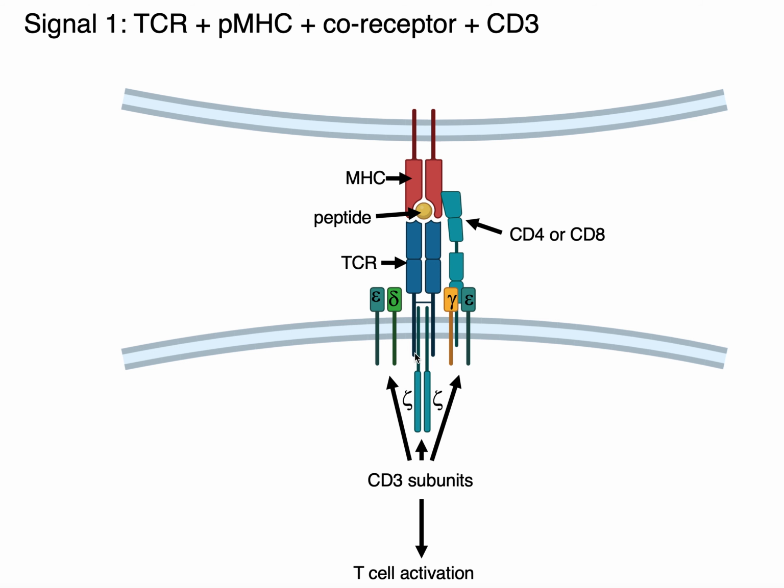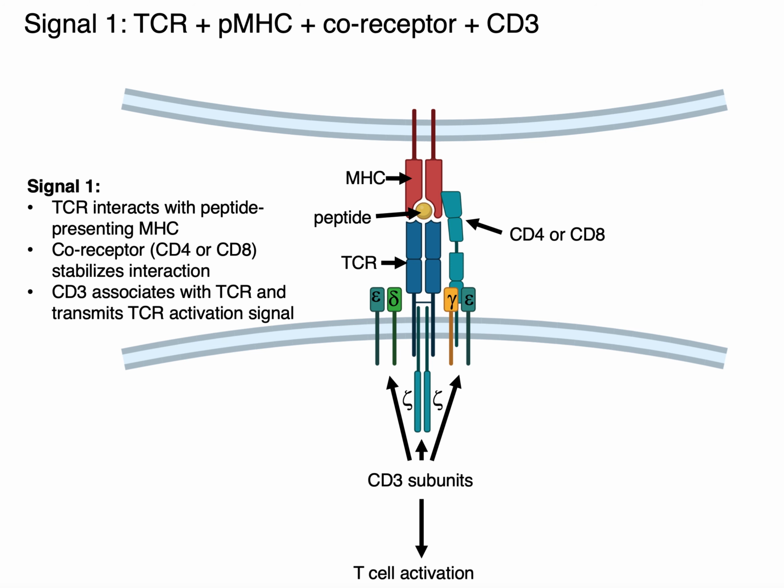The T cell receptor actually doesn't have an intracellular domain that's capable of inducing a signaling cascade. The signaling cascade is induced by the CD3 complex. CD3 is actually the marker for T cells. Collectively, we call this signal 1. TCR interacts with peptide-presenting MHC, co-receptor, and CD3 to initiate a T cell receptor activation signal.